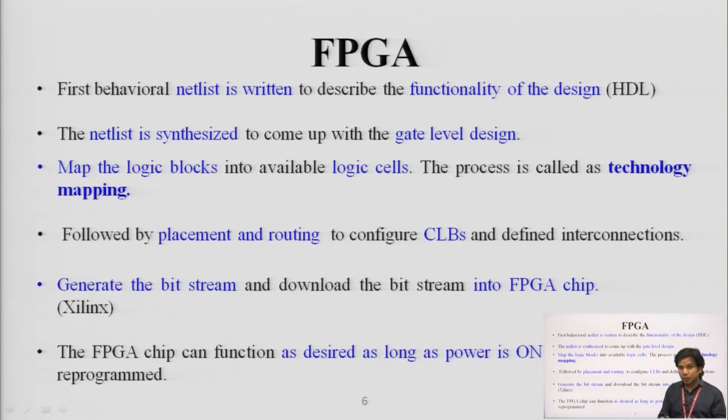That means you have to check the desired output based on your bit stream and the configuration of interconnect that you have done, and that is only applicable as long as the power is switched on for that particular FPGA device. If you want to modify, you have to reprogram your interconnect. This is all about FPGA.